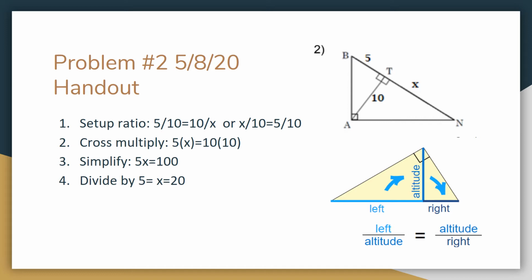So we take the short leg of triangle ABD and the long leg of triangle ABD on one side of the equation, and then we equate that with the short leg of the larger of the two triangles, triangle ATN, with the long leg of that triangle ATN, which is labeled X. We then cross multiply and divide by 5, and we get that the length of the longest leg is 20, excuse me, from the split of the altitude.